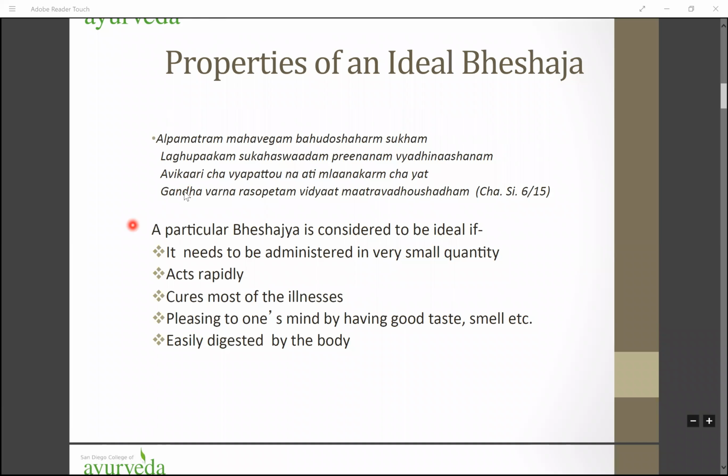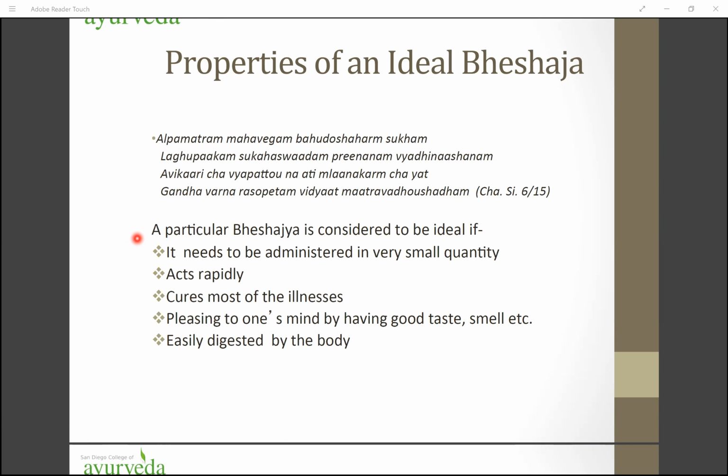So a particular medicine, a particular Bhashajya is ideal if it needs to be administered in very small quantity, which means the medicine is so strong and powerful that you don't need to give a very high dosage of it, but a very small quantity itself is enough to cure your ailment.